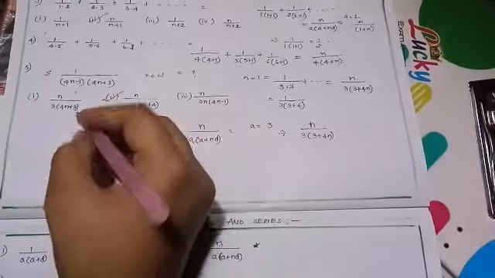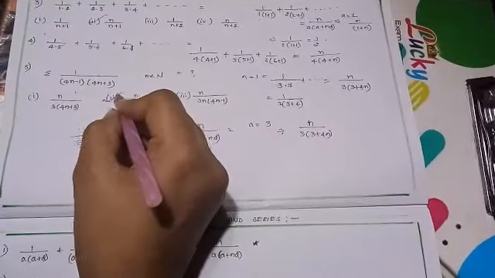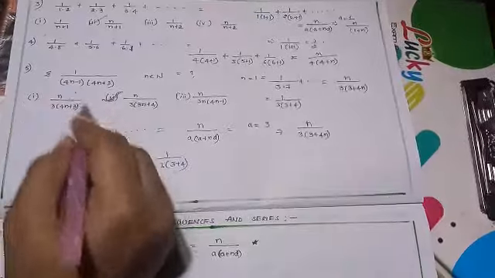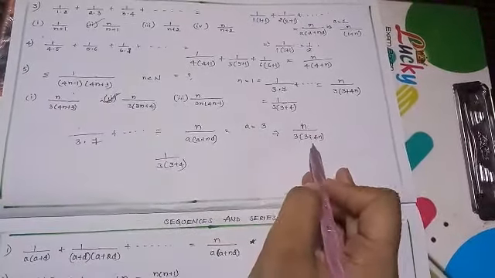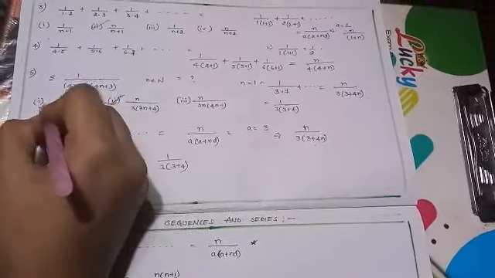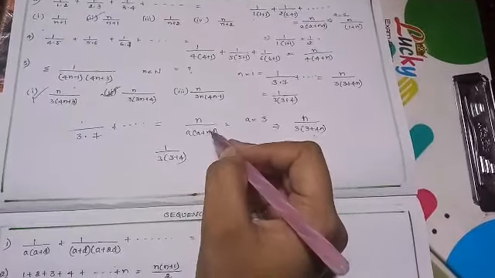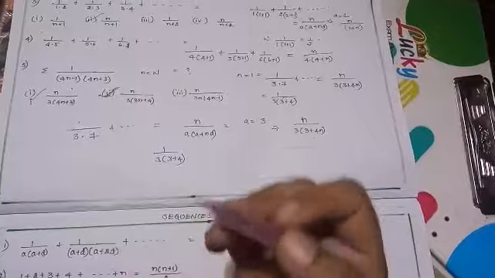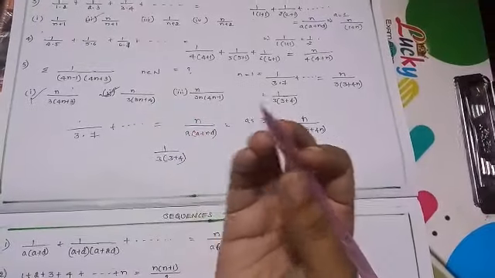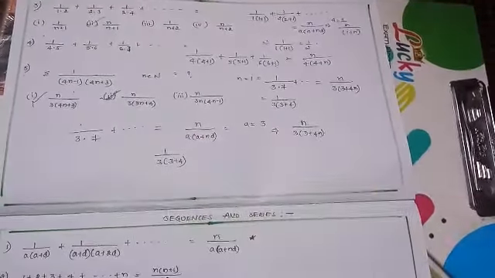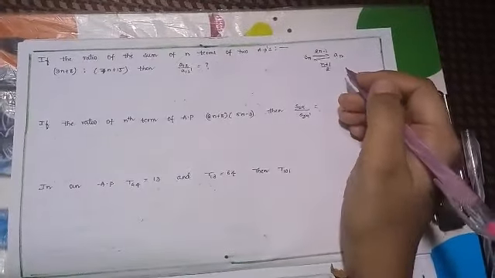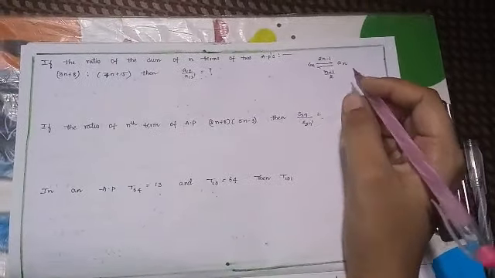So the option is n by 3 of 3 plus 4n. It's in the first option. So you got the point, right? You can directly use n by a of a plus nd wherever you see a series like this, a continuous series.